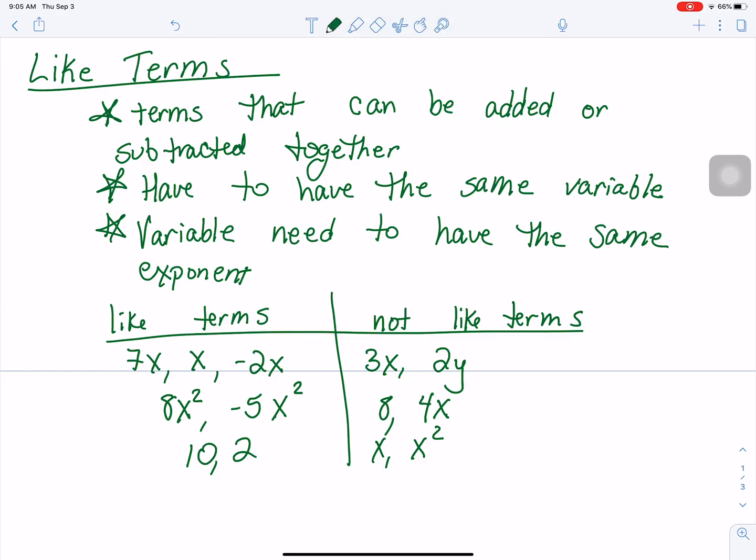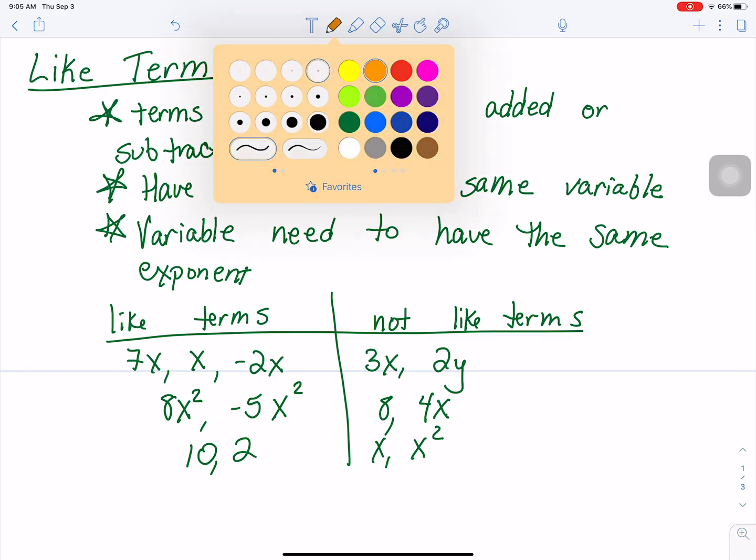Next word, we'll go to the letter S for simplify. We have this word and one more. So it's to make an answer as small as you can.